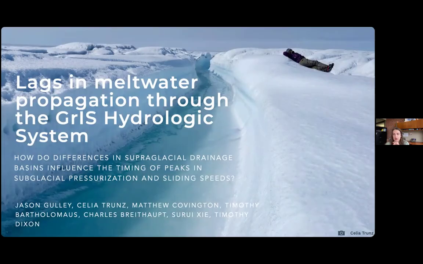Here, I'm taking a very holistic approach to looking at the hydraulic system, so not just separating out, oh, here's the supraglacial drainage system, and that's very independent of the subglacial drainage system, but really trying to see how the whole glacial hydraulic system is interconnected and how differences in the timing of meltwater production and delivery to moulins propagate through that whole drainage system to affect ice speeds and dynamic discharge. My collaborators on this were Jason Gulley, Celia Trunz, Matt Covington, Tim Bartholomaus, Charlie Breithaupt, Surui Xie, and Tim Dixon.